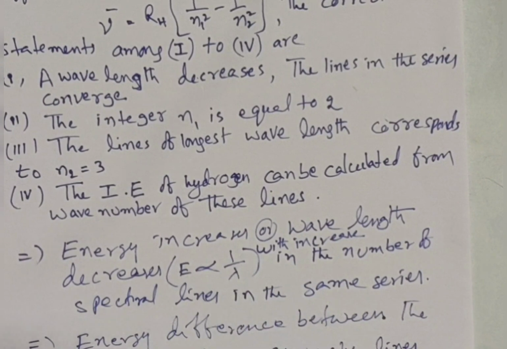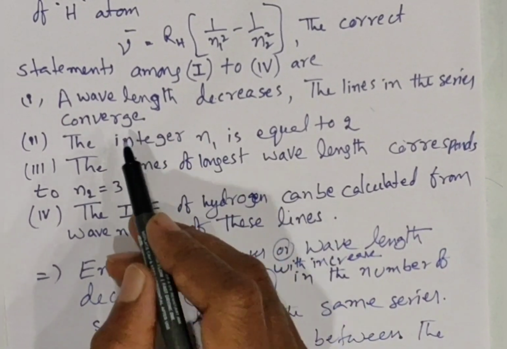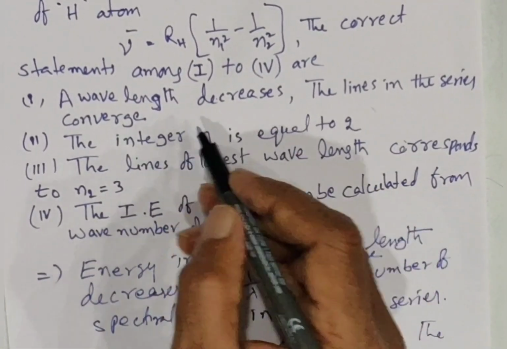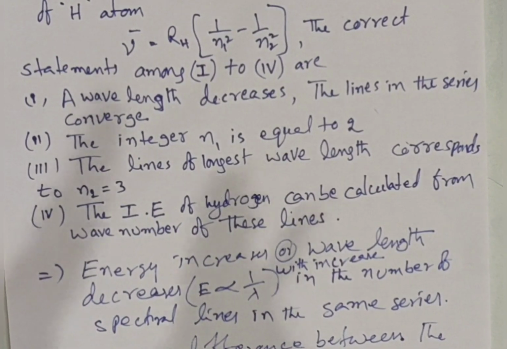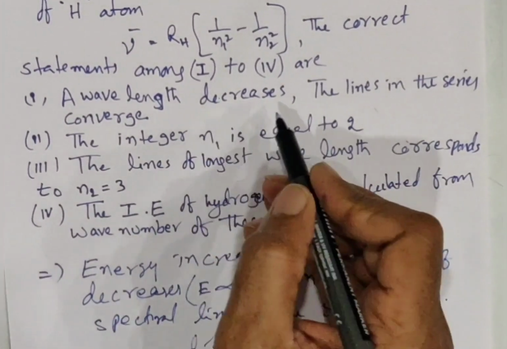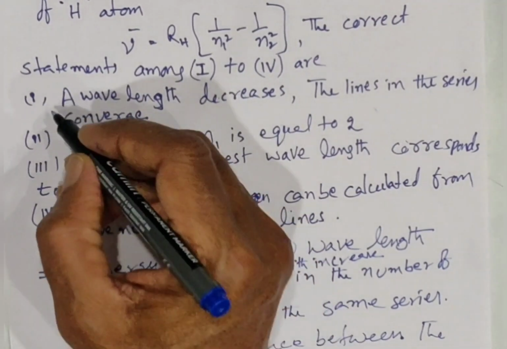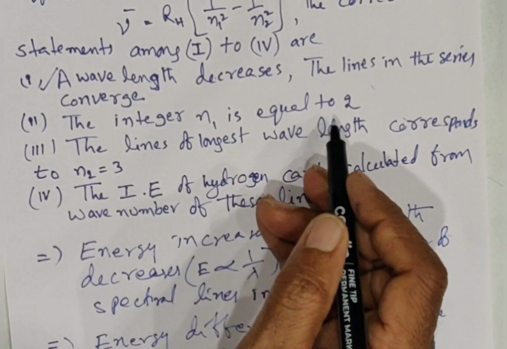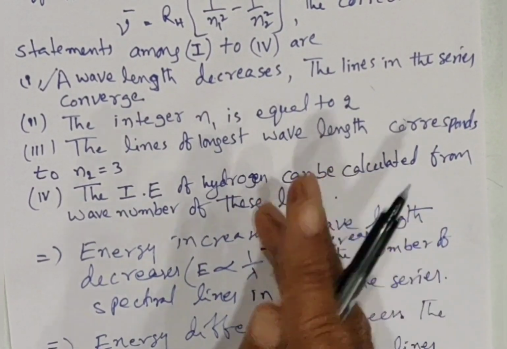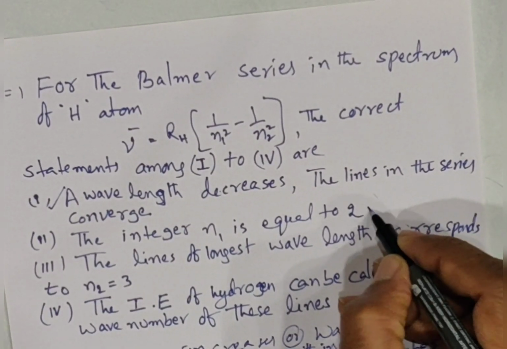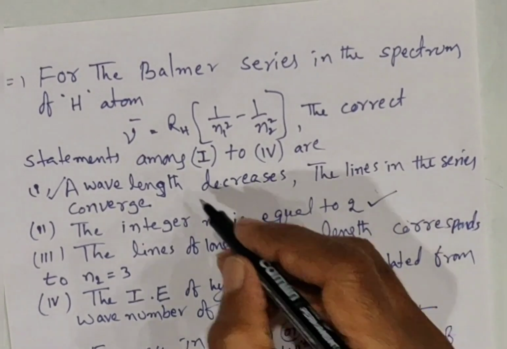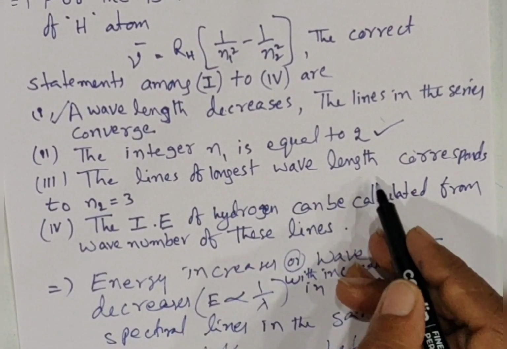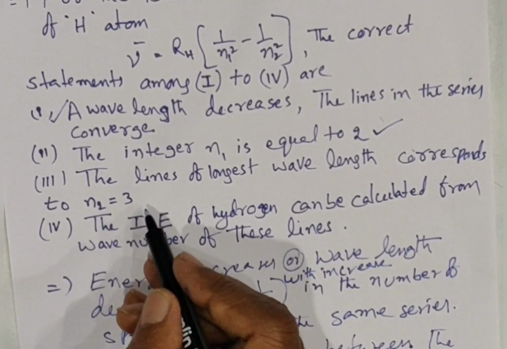Now by using these concepts we have to analyze the options. The wavelength decreases, the lines in the series converge. Converge means they come close. That means wavelength decrease means energy is more. This option is also correct. The integer n1 is equal to 2. In Balmer series, n1 is equal to 2. That's why it is also a correct option. And third one, the line of longest wavelength corresponds to n2 is equal to 3.